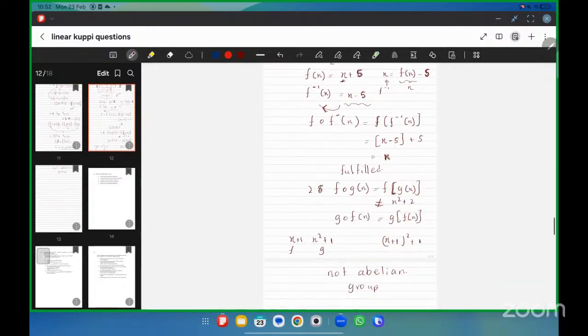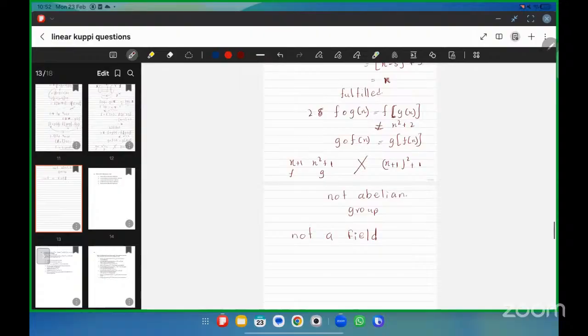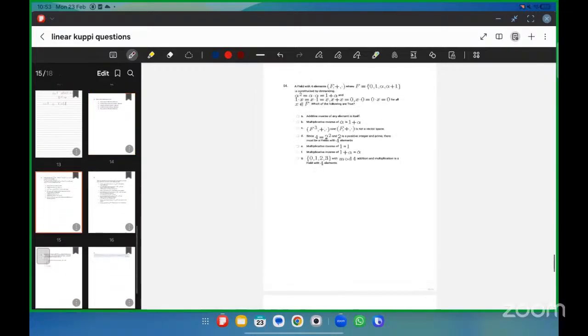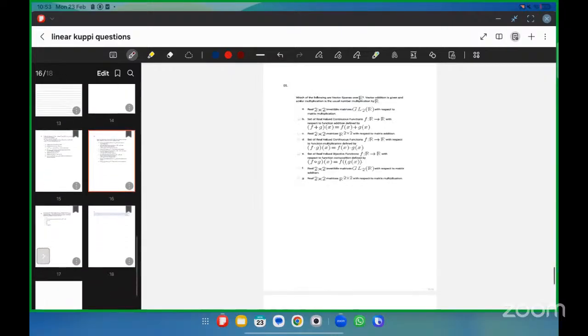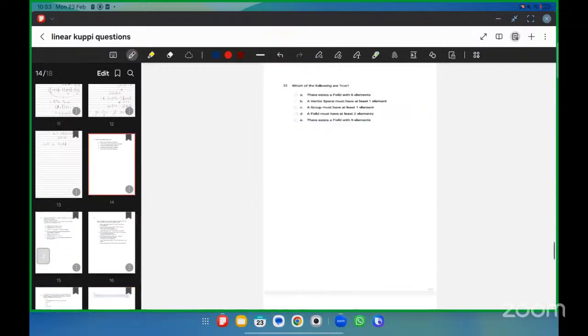So 2.6 is not fulfilled, because it's not an abelian group, and because of that it is not a field. We have to check one by one for every condition. If every condition is fulfilled, we can say it's a field. If one condition fails, we can say it is not a field.